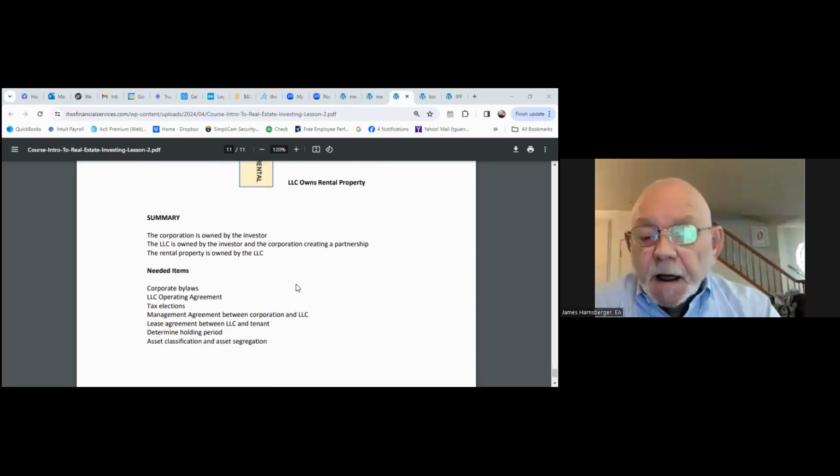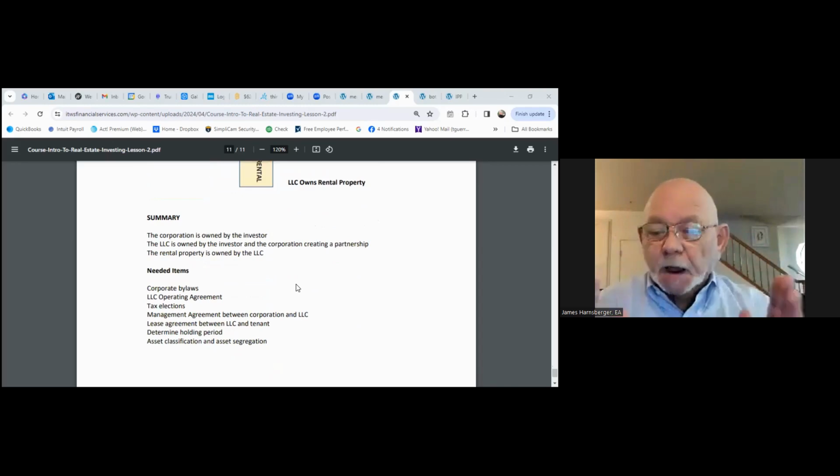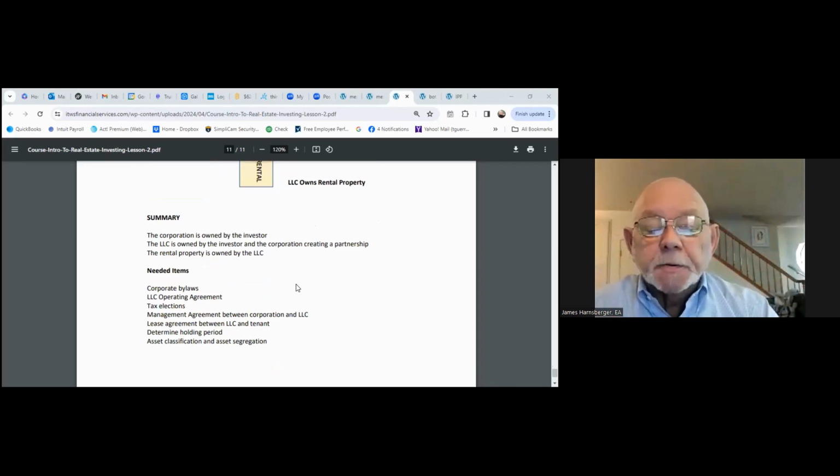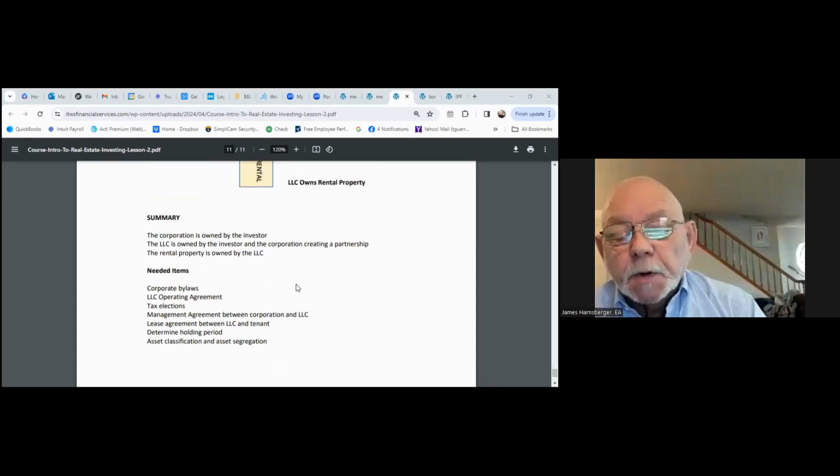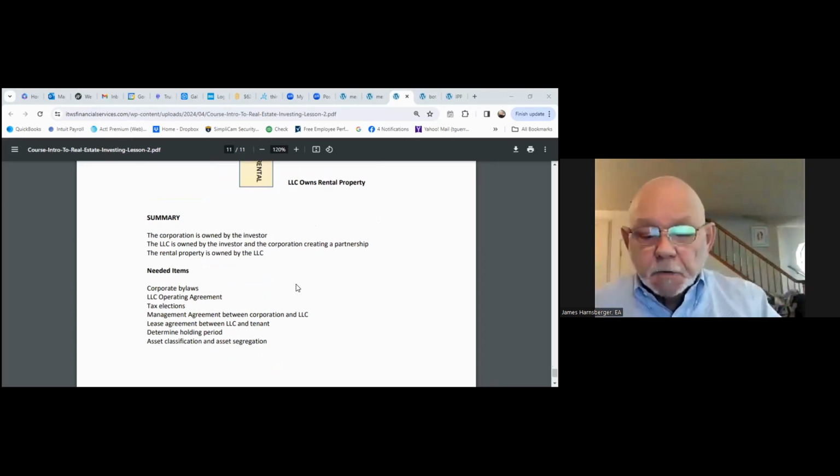Some of the needed items are, we have to go through and make sure the corporate bylaws are congruent with the objective. The LLC's operating agreement is congruent with the purpose, the stated purpose. The tax elections are made. The management agreement between the corporation and the LLC is congruent.